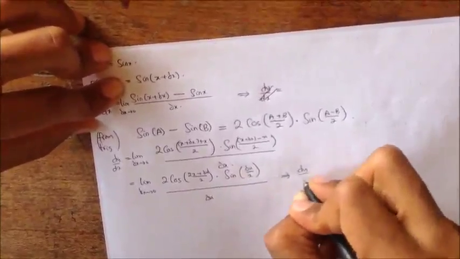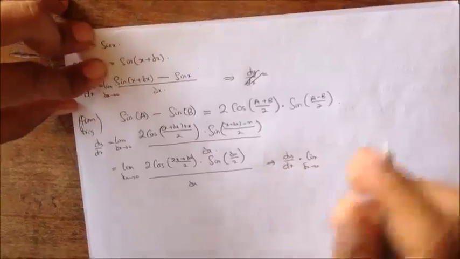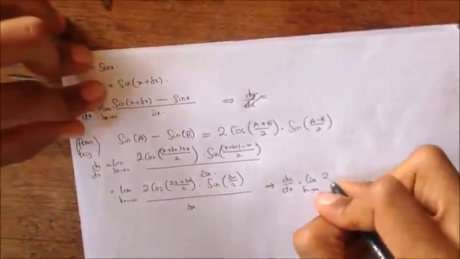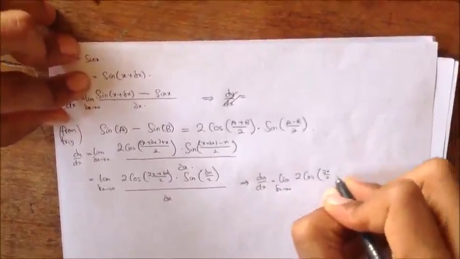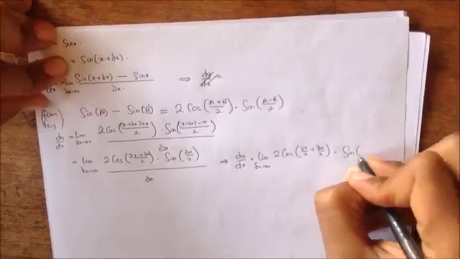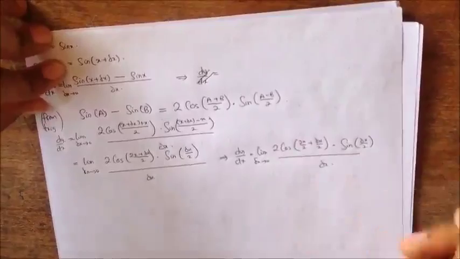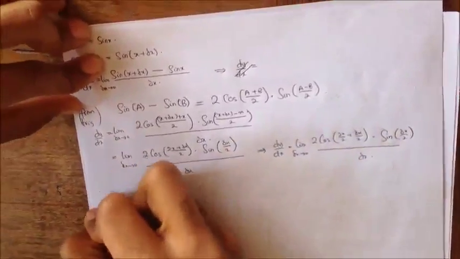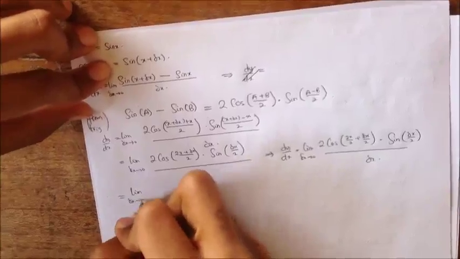So my dy dx here is the limit as delta x tends to 0 of 2 cos of 2x divided by 2 plus delta x divided by 2, times sine of delta x divided by 2, all divided by delta x. All this is simplification.